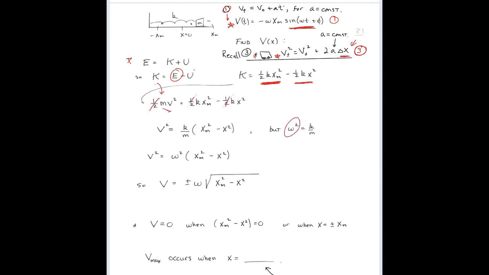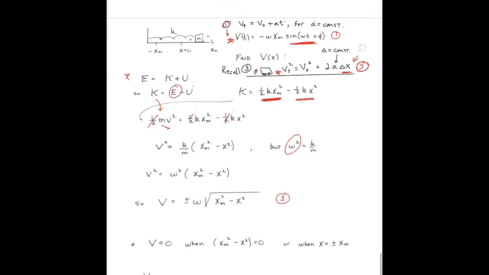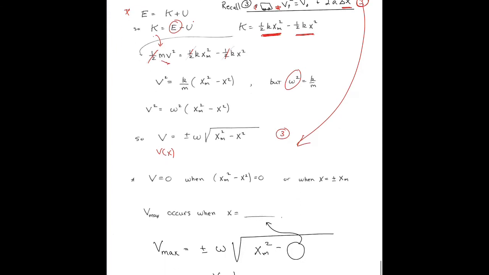But remember, in this chapter, omega squared is k over m. So that stuff right there is omega squared, okay? And then just take the square root of both sides. So that kind of reminds you of equation number 3, in the sense that it gives you the velocity as a function of x, okay? So we've eliminated the step of finding the time, all right?